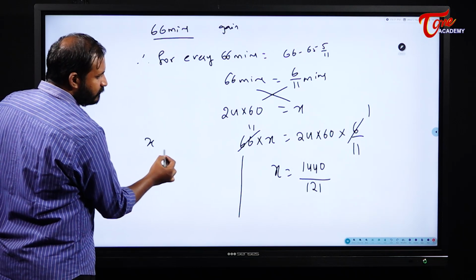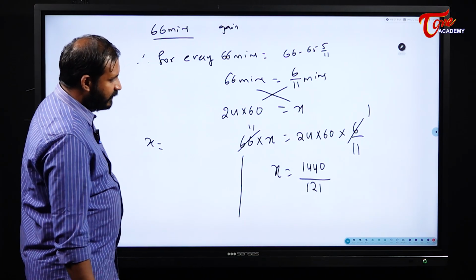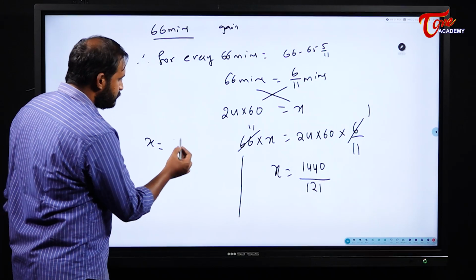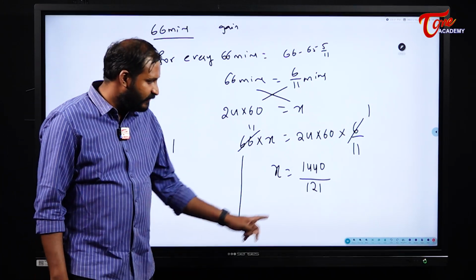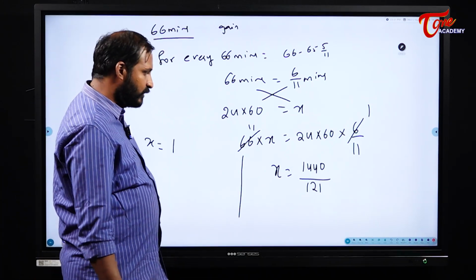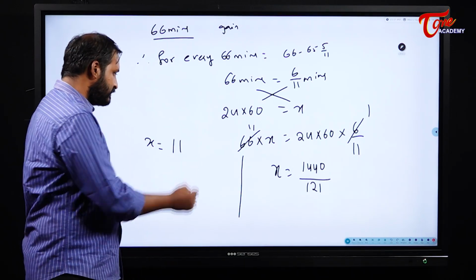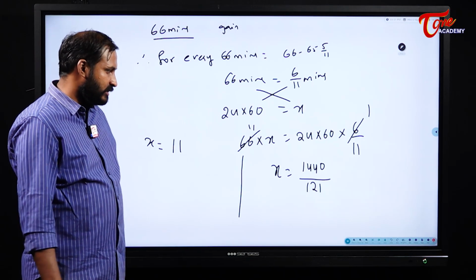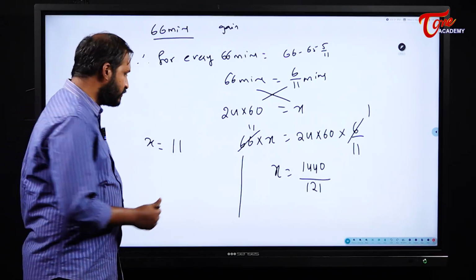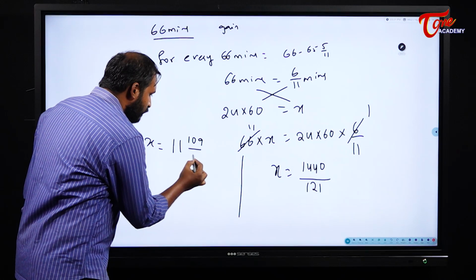X is equal to 121 ones are 121. I will be left with more here. How much? 230. 230 means once again 11 times. It will become 109. So 11 109/121 minutes.